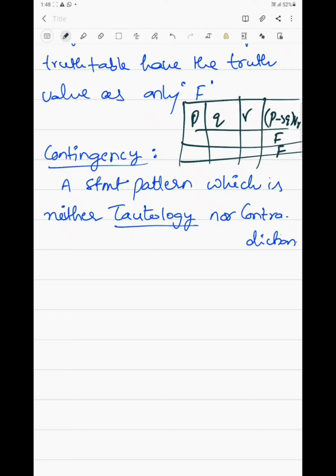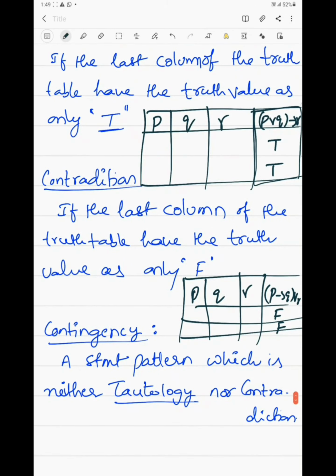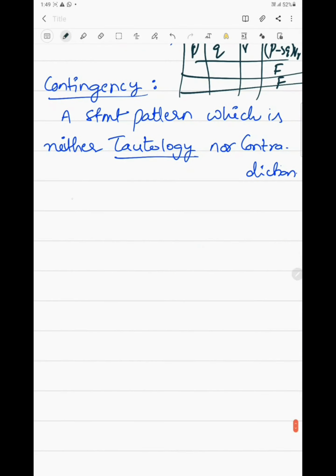That means the truth table contains T or F or both. Only T, tautology. Only F, contradiction. Mixed, contingency.